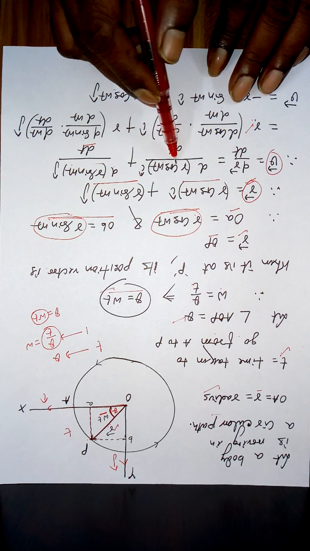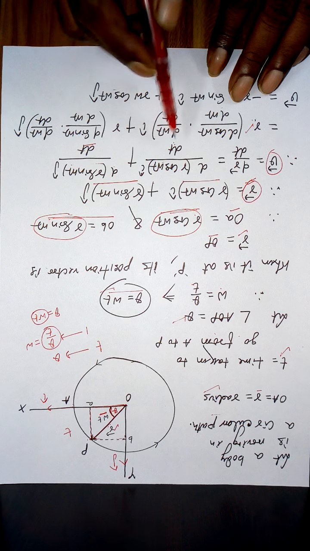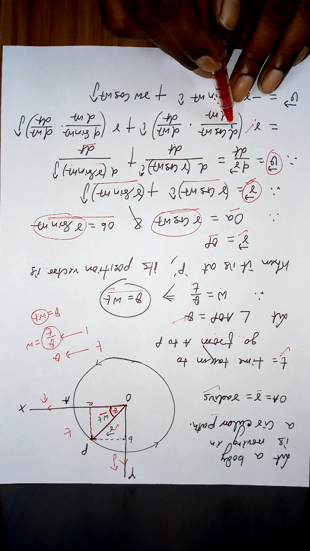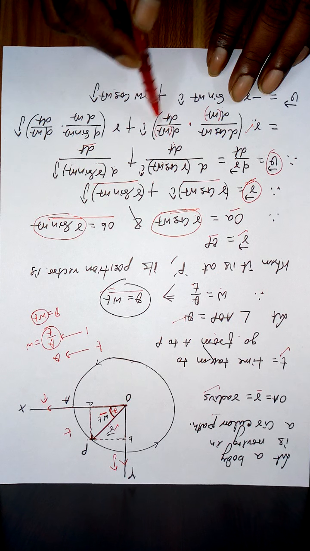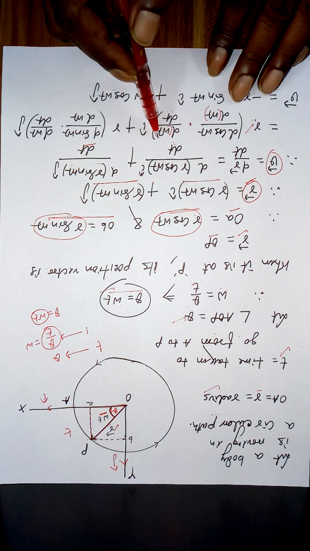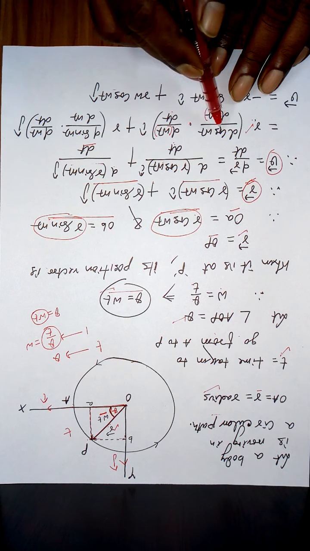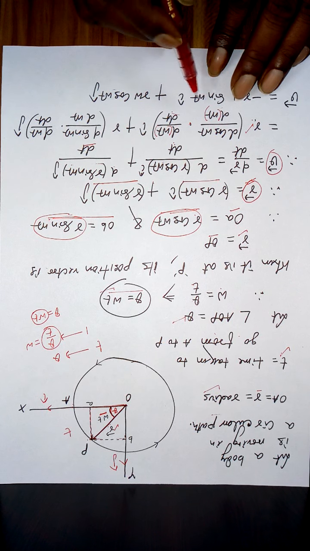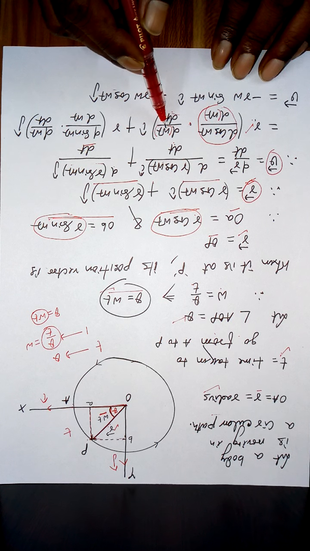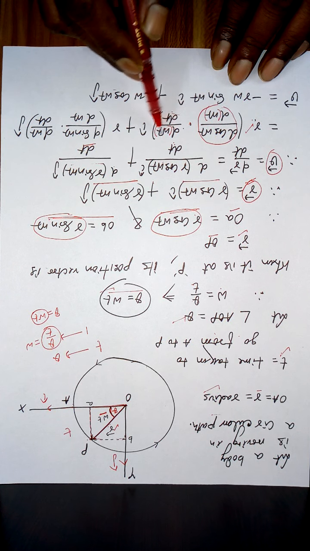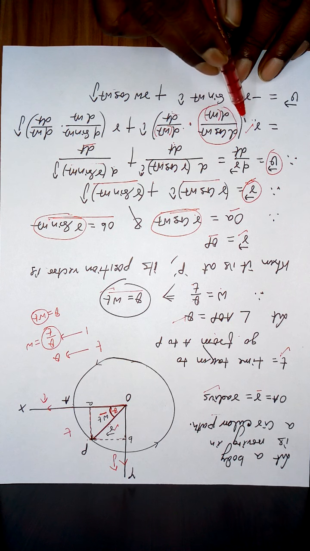I am left with the derivative of cos omega t with dt, that I can write as derivative of cos omega t with respect to d omega t into derivative of omega t with respect to dt. If you cancel this, this remains as same before. Here omega is a constant taken out. So dt by dt is 1. That omega I write here.